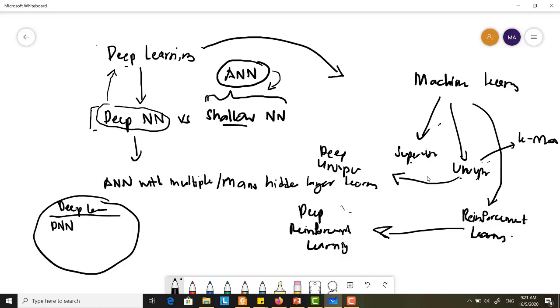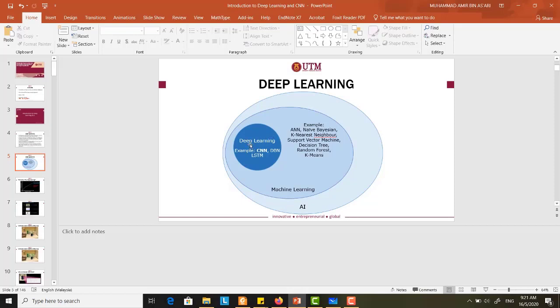That will make you a little bit confused, because in general we cannot conclude that deep learning is just supervised learning. The techniques extended here are actually supervised learning, not the other types, which are unsupervised and reinforcement.